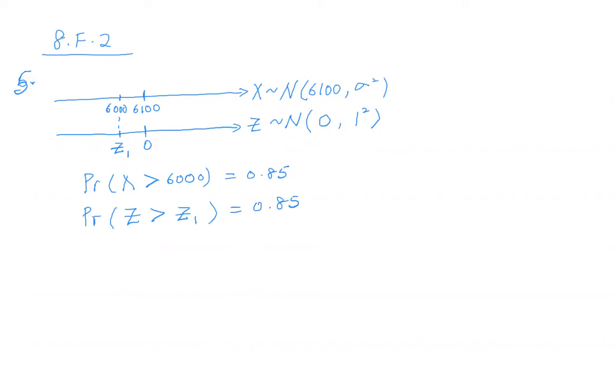And I know that Z1 is equal to 6,000 take away the mean, divided by the standard deviation, correct? My problem is I have to get my Z1 first. So how to get Z1? You have to use inverse norm.